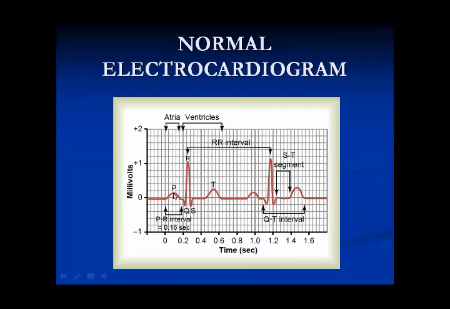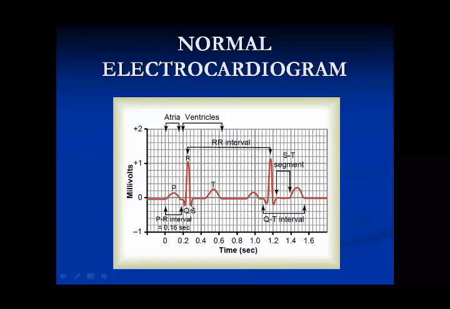This P wave is a positive wave because it is on the upper side of the isoelectric line, right? This Q wave is a negative wave because it is on the downside of the isoelectric line. This R wave is a positive wave because it is on the upside. This S wave is again a negative wave because it is on the downside.